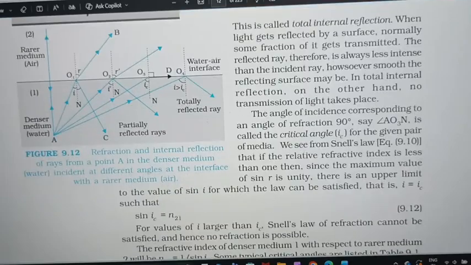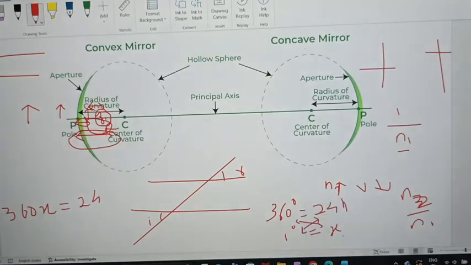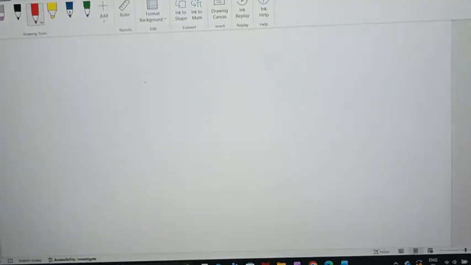Now here we are giving one formula specially for the critical angle using Snell's law. So what was that? Sine i by sine r will be equal to n2 upon n1.